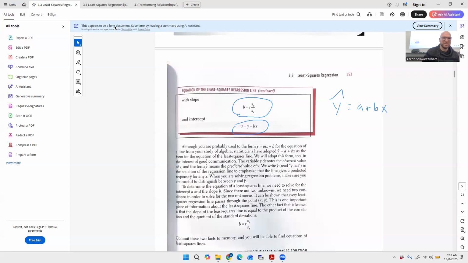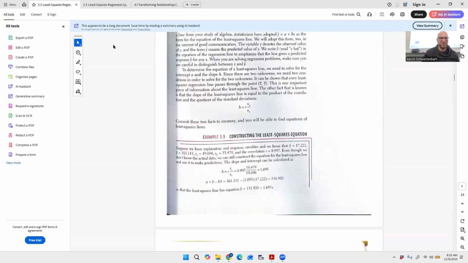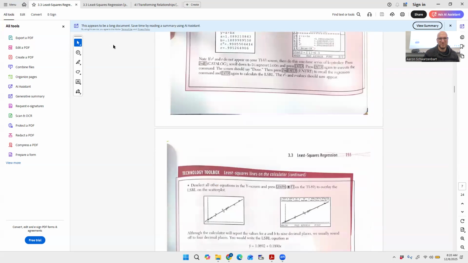For the sake of this, I don't really care what you write on the test, but if it's multiple choice, which some of them will be, it's going to be a plus bx form. You should be able to rearrange that even if you do the other one on your calculator.